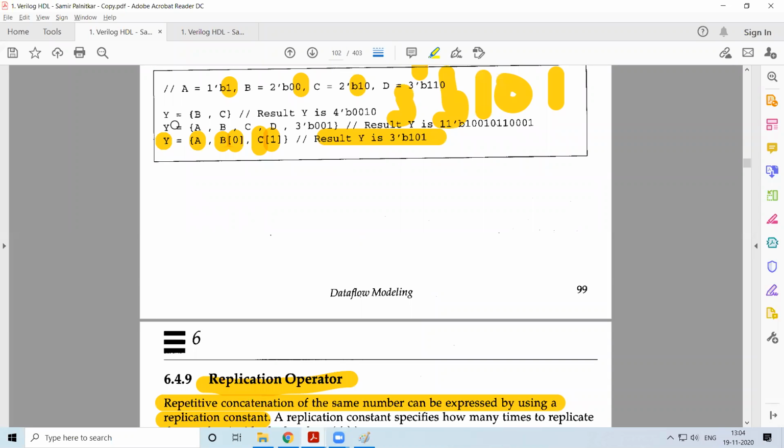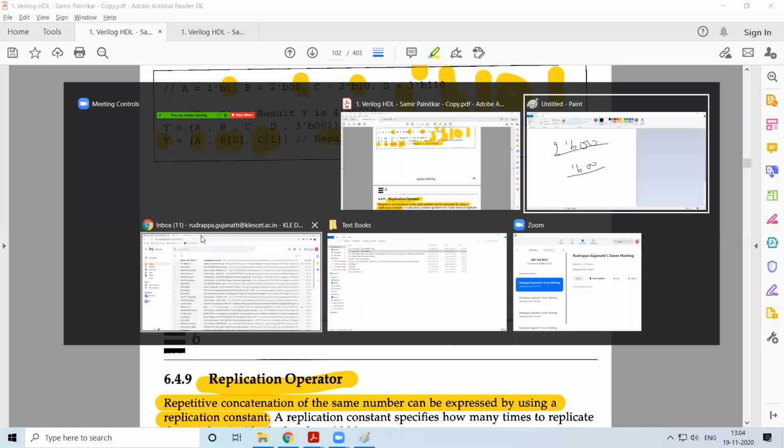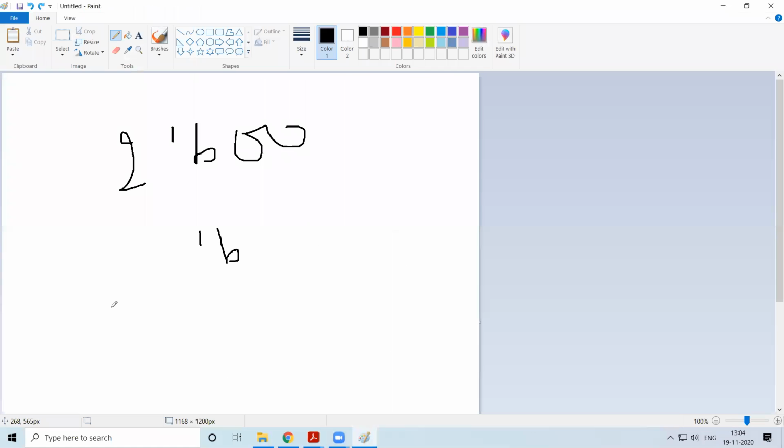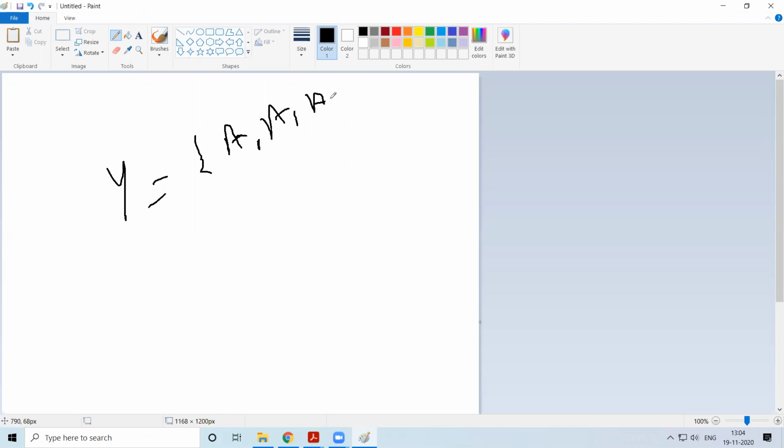Now, for example, say I want y is equal to a, a, a, say 100 times. It is not feasible to write it 100 times, and it becomes difficult to keep track of how many times you have written it.